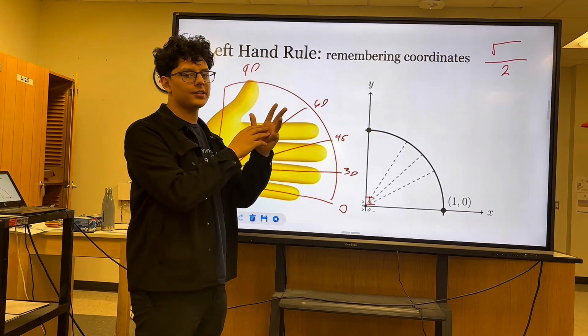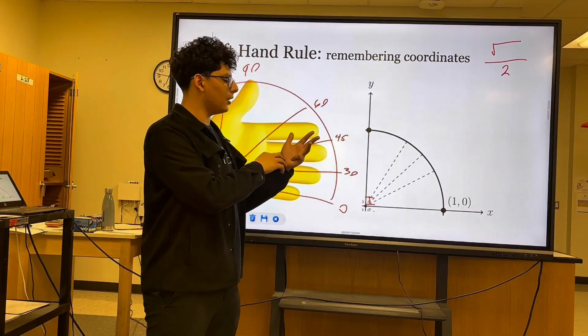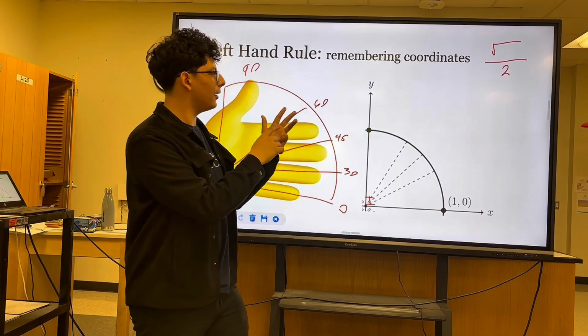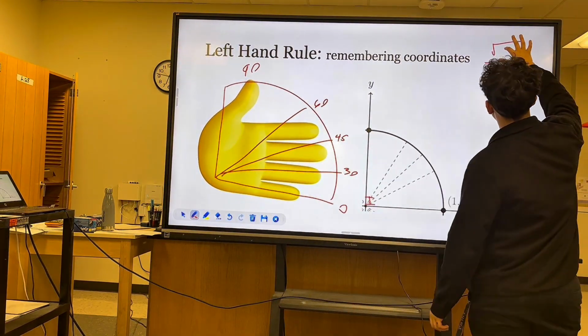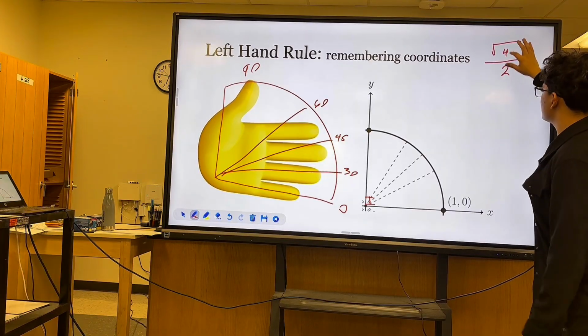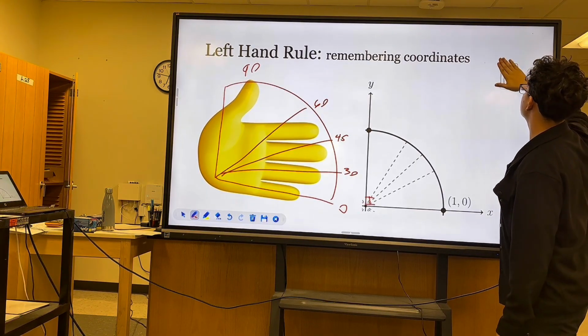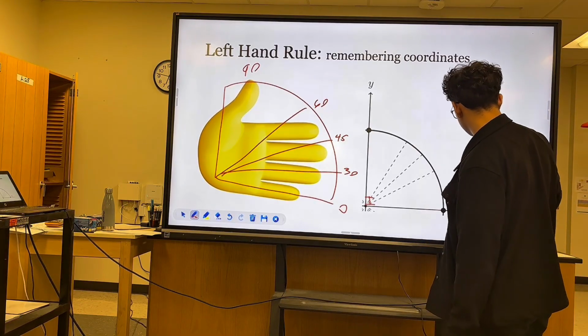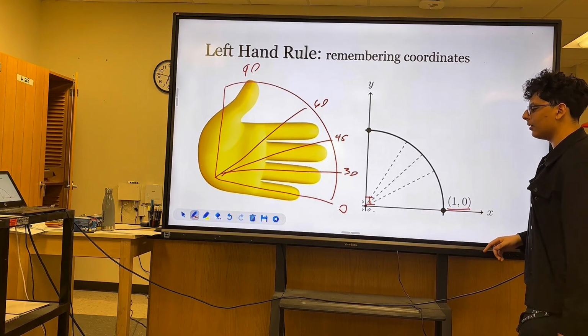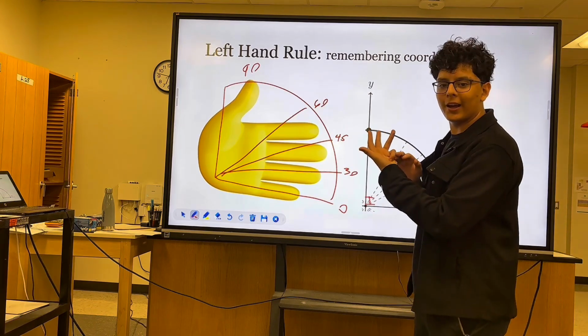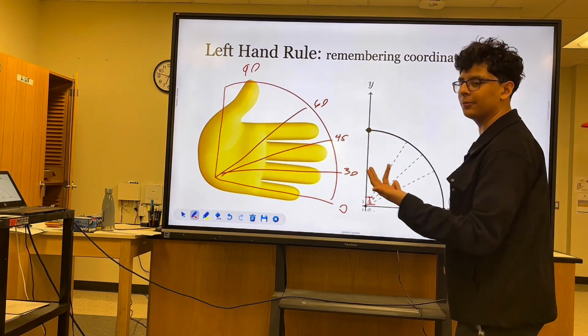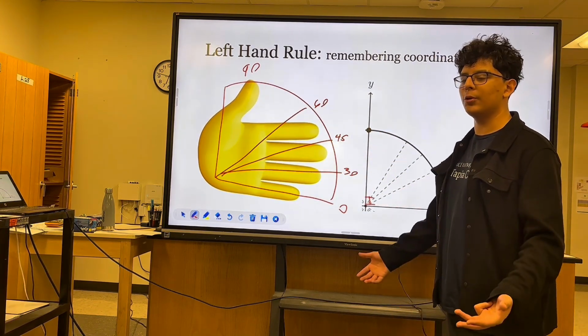So here, the x-axis for 0 is the square root of 4 divided by 2. Square root of 4 is 2. 2 divided by 2 is 1. Since there are 0 fingers on the right-hand side, we call that 0.